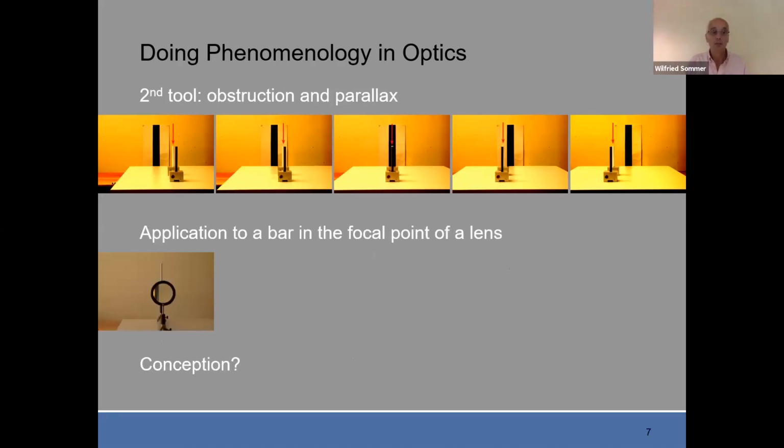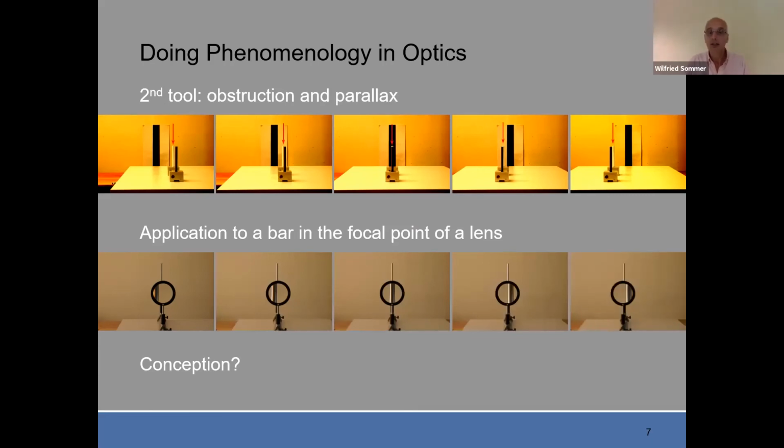If you apply parallax to a bar you are looking at through a lens, and you move your eye while looking at the bar, you will see that the bar seen through the lens directly follows your movement.